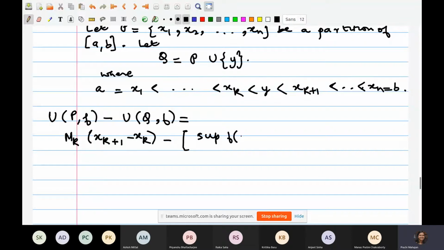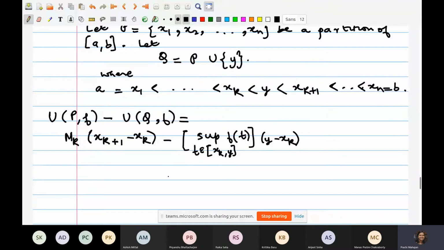So I need to introduce a variable here. So let me call it y. So the supremum of f over the subinterval [xk, y] times the length of this subinterval, which is y minus xk, correct?